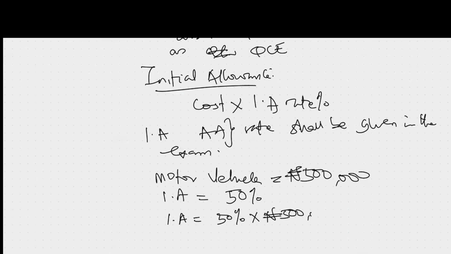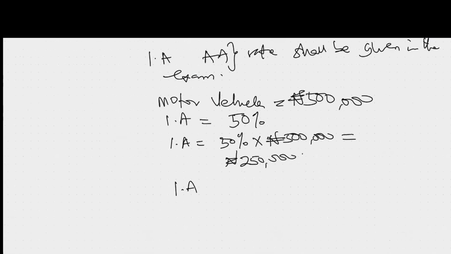One thing you should note is that initial allowance is not prorated. If an asset is acquired even on the last day of the basis period, the asset will still enjoy the full initial allowance.